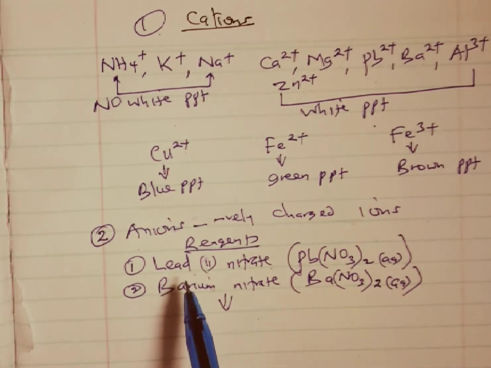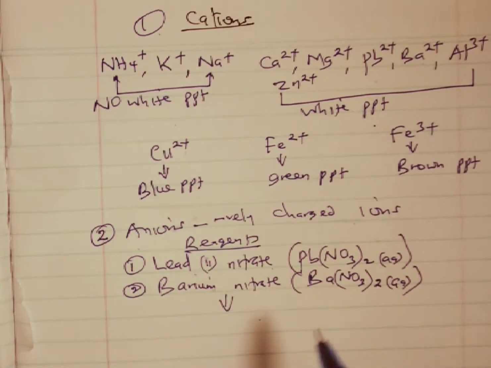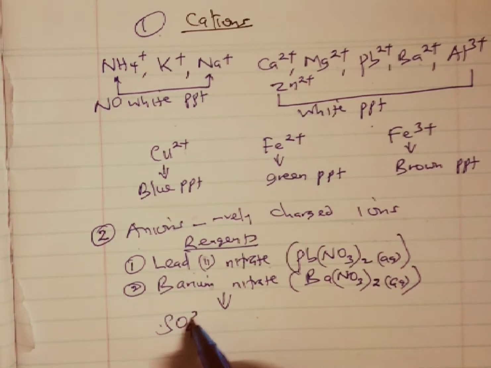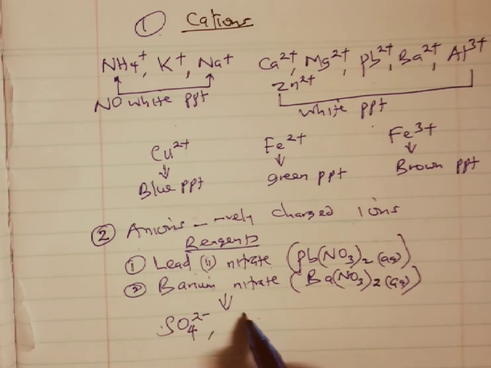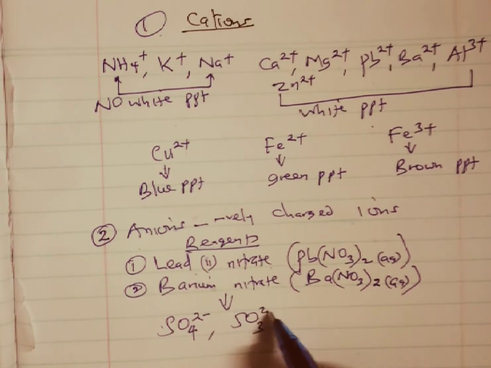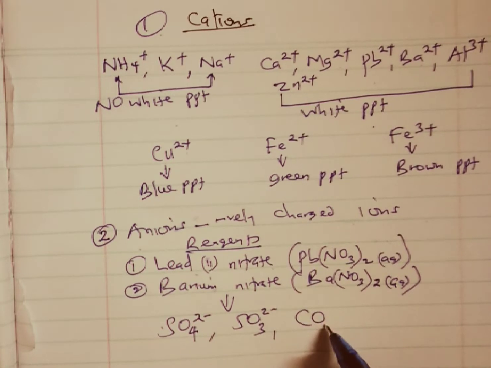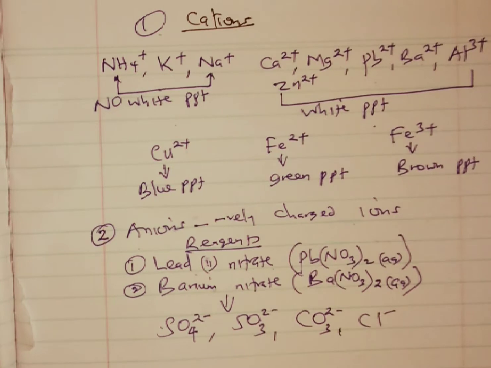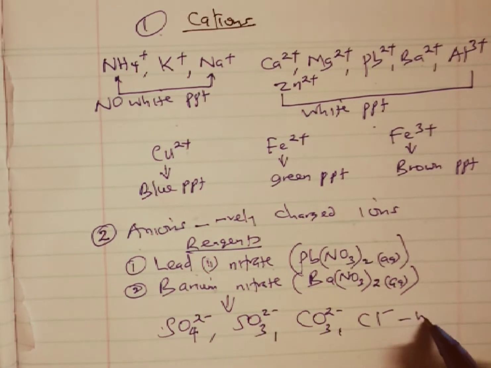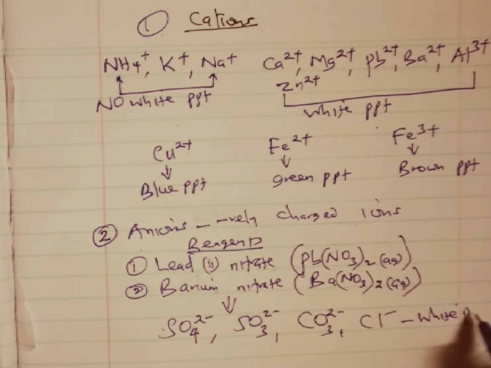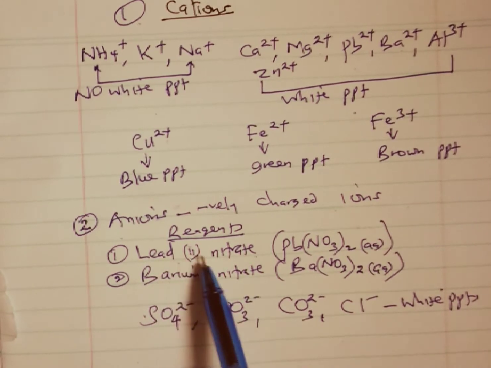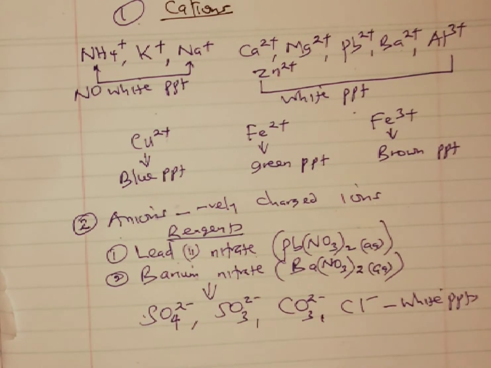The anions tested using either barium or lead nitrate are sulfate ions, sulfite ions, carbonate ions, and chloride ions. All these anions form white precipitates with the addition of either lead 2 nitrate or barium nitrate.